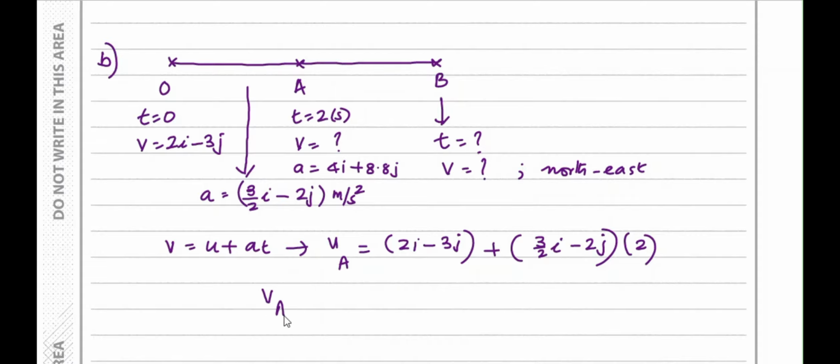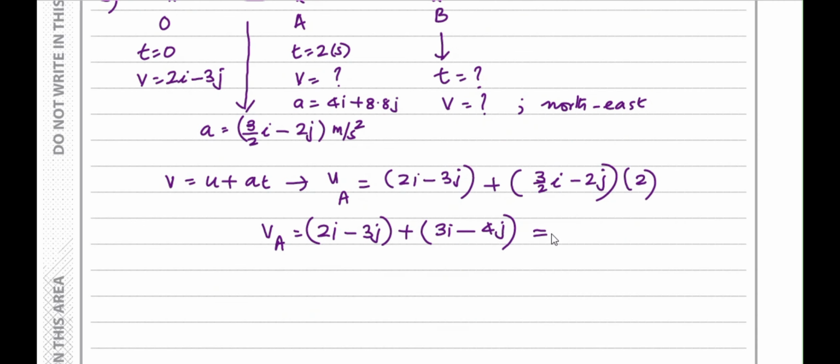Simplifying, velocity at A equals 2i minus 3j, adding 2 times 3 over 2 is 3i, minus 2 times 2 is 4j. This gives us 5i minus 7j meters per second. That is the velocity at A.